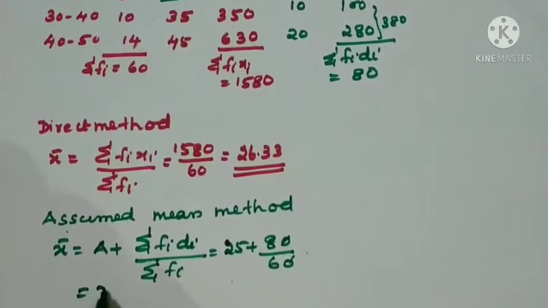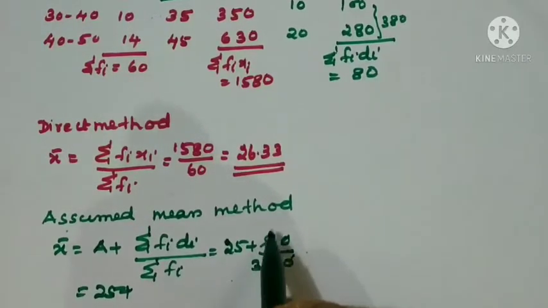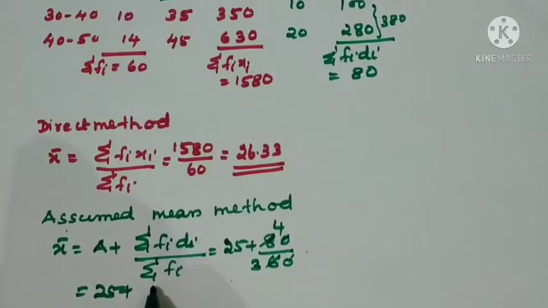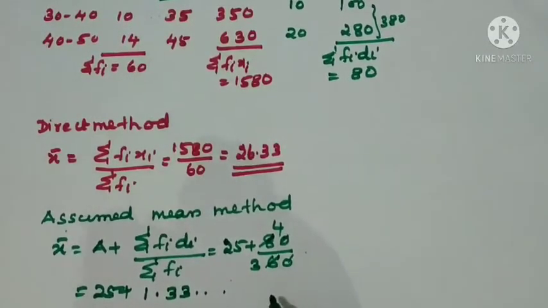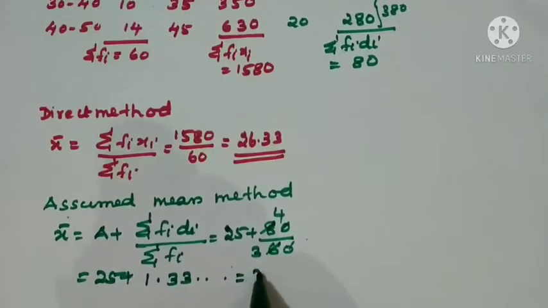It is equal to 25 plus 4 by 3, which is 1.333. So again it is equal to 26.333.